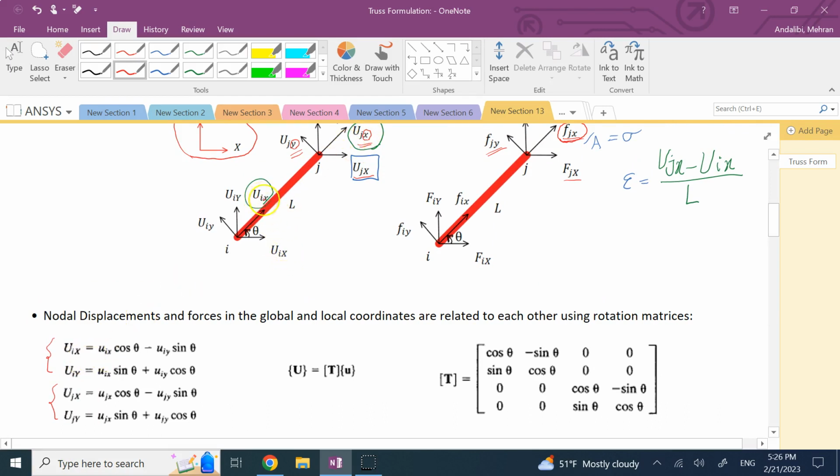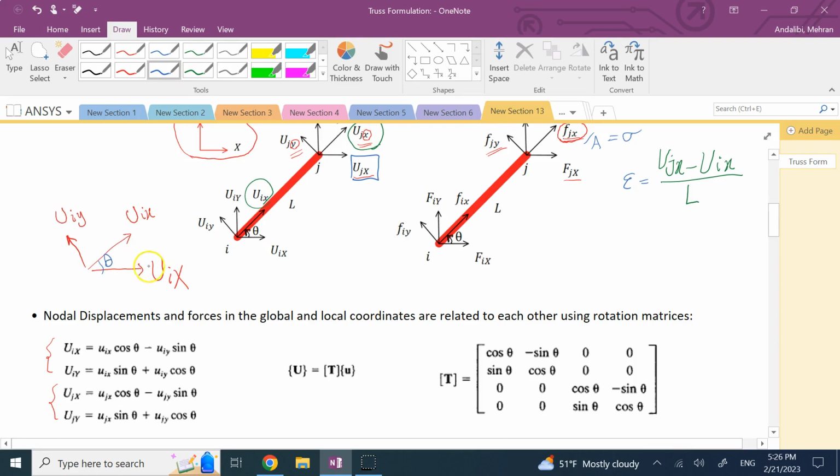This u small ix cosine theta minus u_i sine theta. And this is very easy to show, right? Because here I have this axis and I have this one, right? So this is u of I and y. This is u of I and x. And this guy here is u of I and capital X. And this angle is theta.